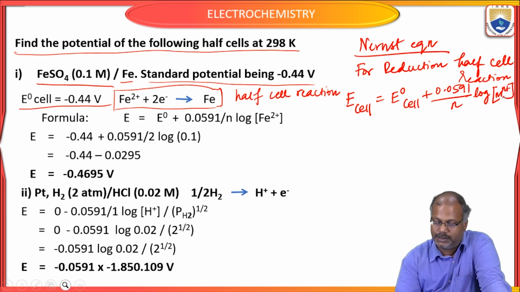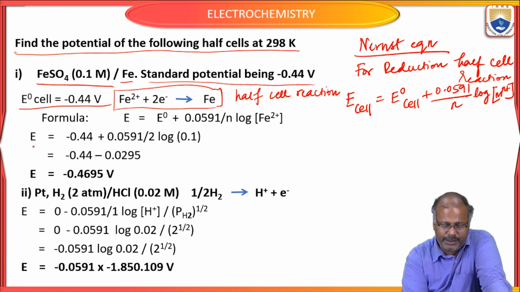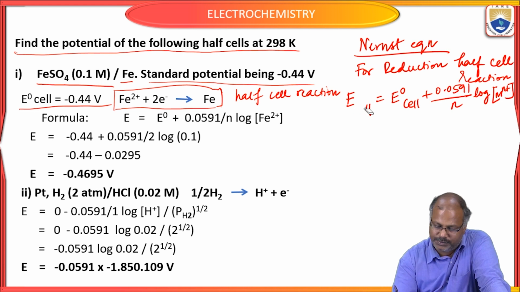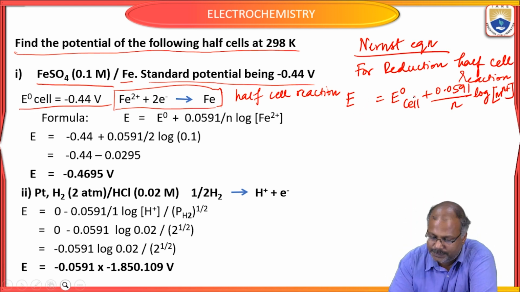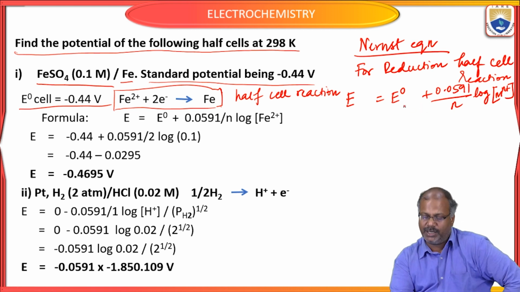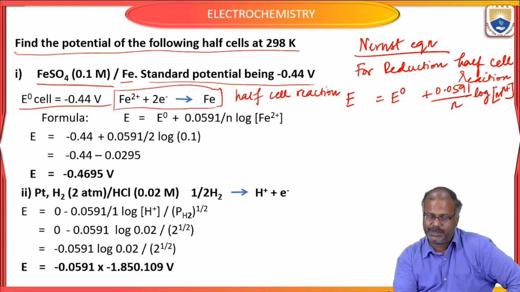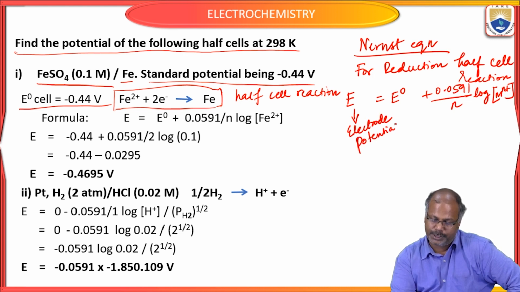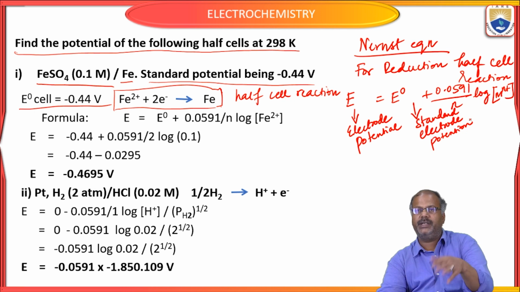Similarly, here this is not E cell. E0 cell will come only for a cell reaction. This is a half cell reaction, so this is the half cell electrode potential, and E0 is the standard reduction potential, which is given in the EMF series.